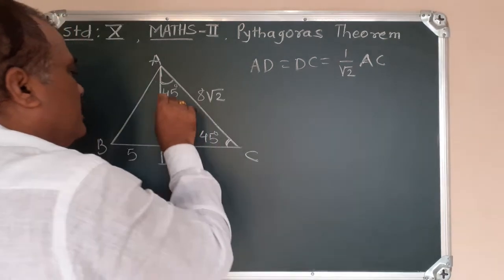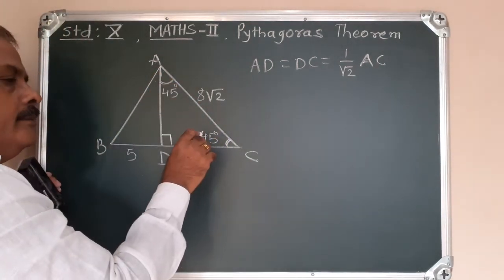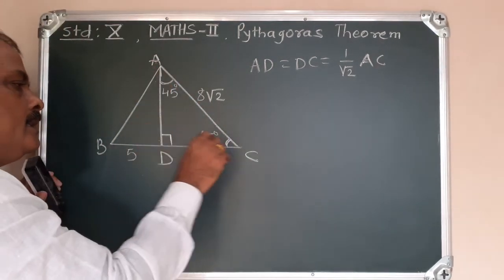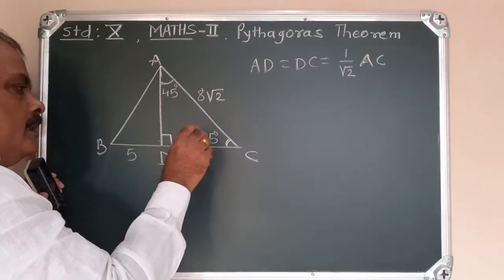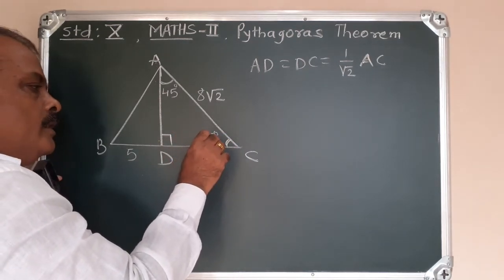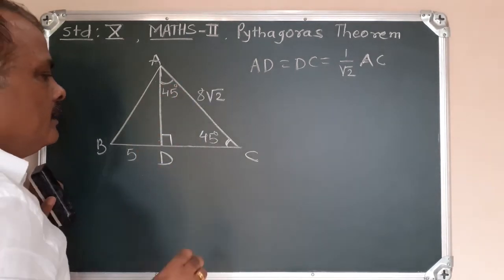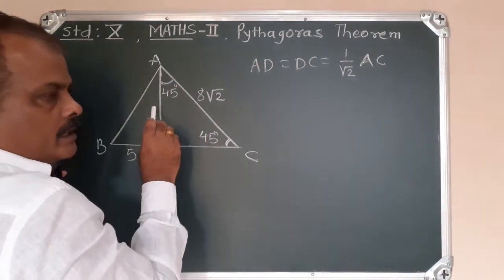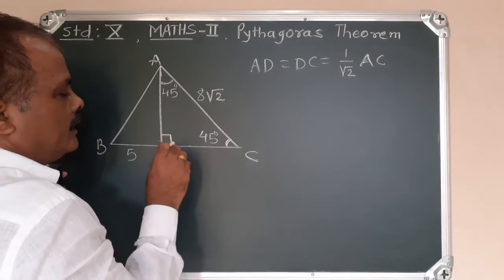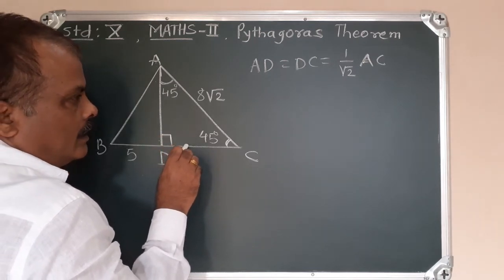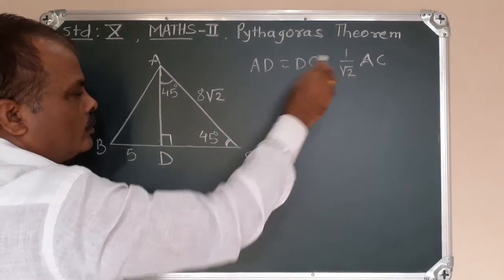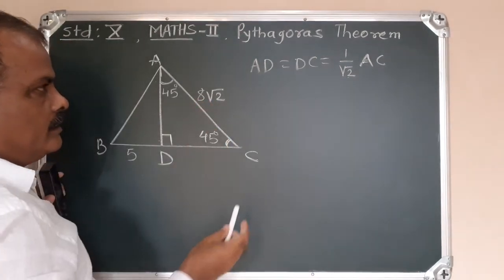See here, we have to consider this right angle triangle ADC. In this, the measure of this angle is 45 degrees and the measure of this angle is also 45 degrees. Therefore, sides making a right angle are equal to 1 upon root 2 times its hypotenuse.